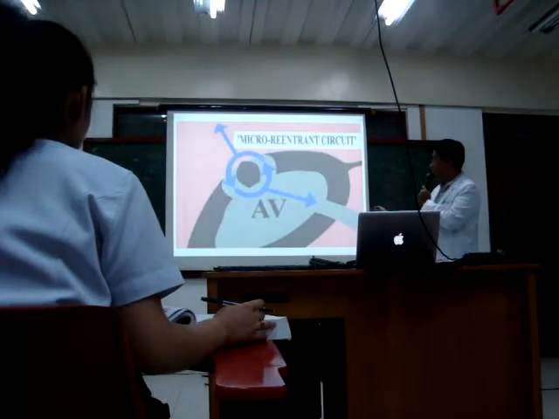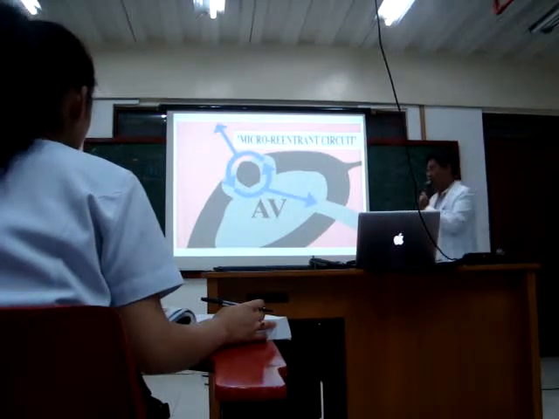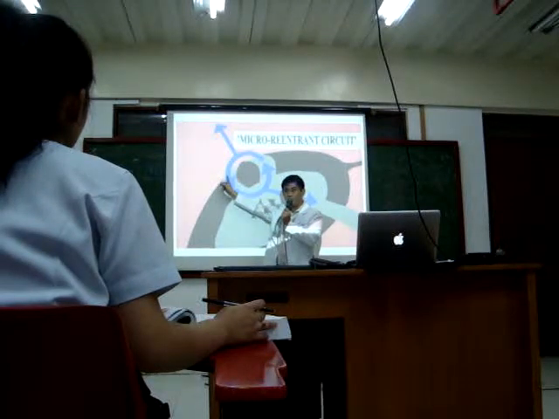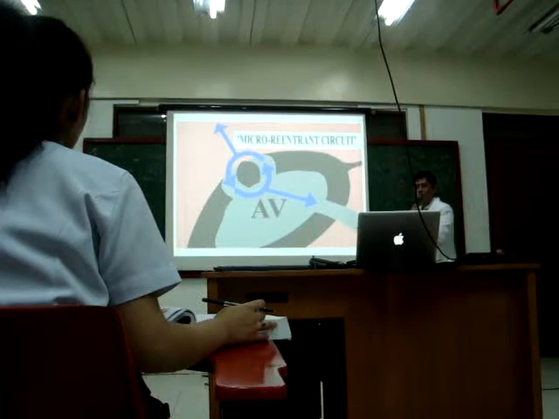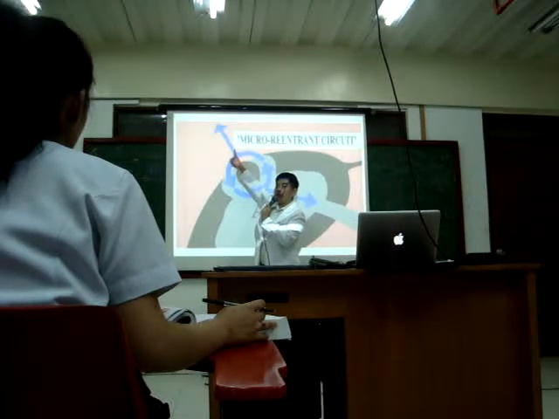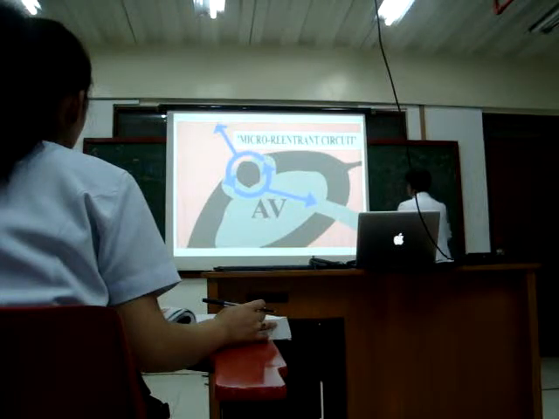Let's go back to this diagram. Remember the micro-reentrant circuit going round and round? So QRS, P. And you're saying, why is it inverted? Because remember, what did I tell you about direction of depolarization?